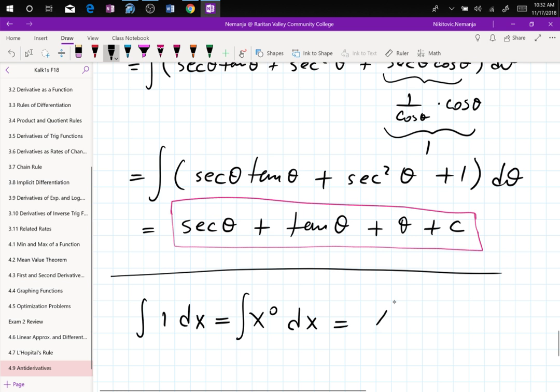So x to the 0 plus 1 over 0 plus 1 is x to the 1 over 1, which is x plus c. Yay. So integral of 1 is x. Integral of 2 is 2x. Integral of 3 is 3x. I think we had 7 as an example. Integral of 7 is 7x plus c.